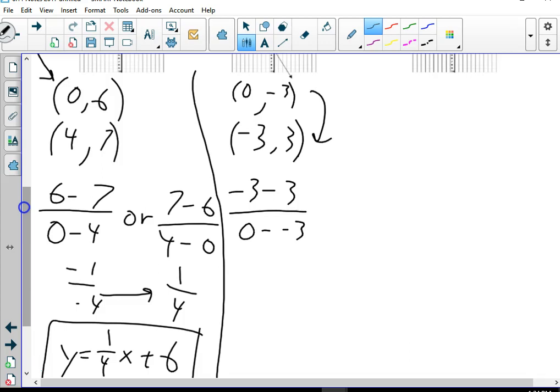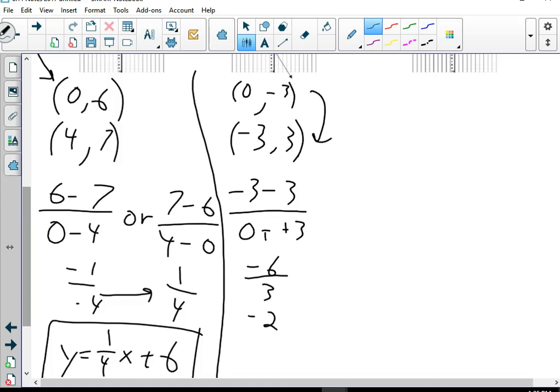It's y minus y over x minus x. It's y minus y. So it's -3 minus 3. Now this becomes a positive 3. So that's going to be -6 over 3, which is -2.